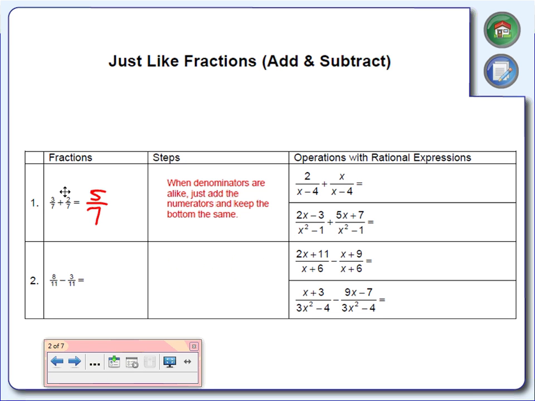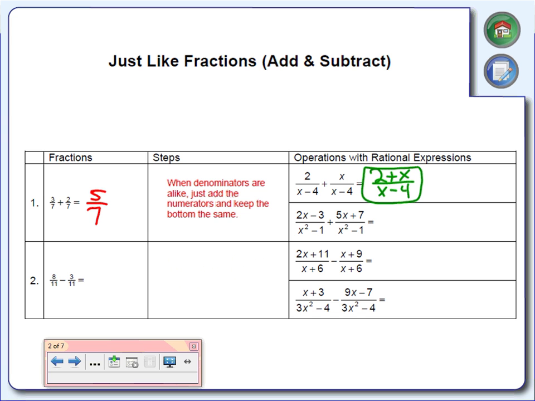So this first one here, the common denominator is x minus 4, so I'm going to keep that. Don't need to change it. All you need to do is add up the two numerators. What do you get when you add 2 plus an x? 2 plus x. And since neither of these can be factored out, can't reduce it, that's it. That is your answer to that one right there. All we did was add up the numerators.